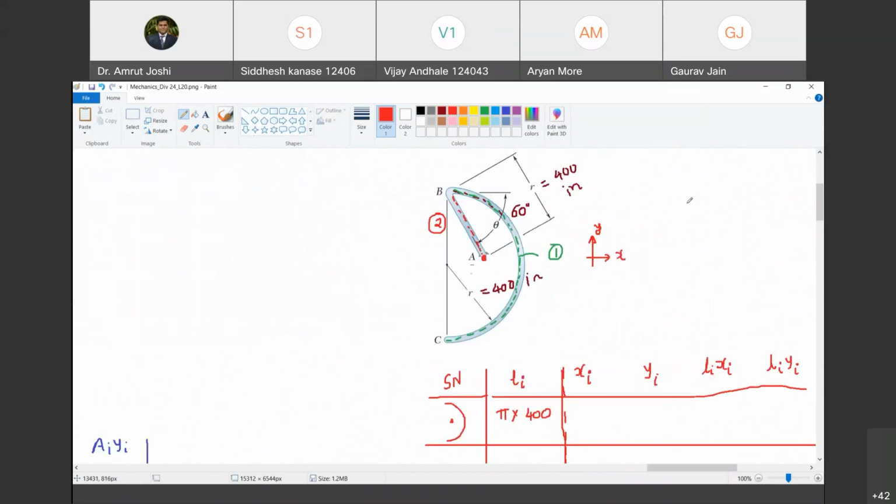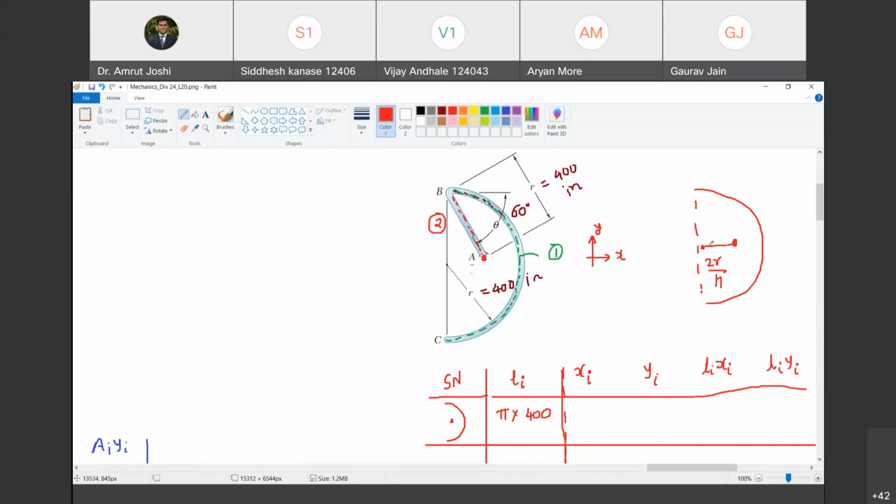If this is a semicircle, then this distance is 2r by pi. Happy? Yes, sir. Now, from where do we have to write this distance? From A. Are you with me? Yes, sir.